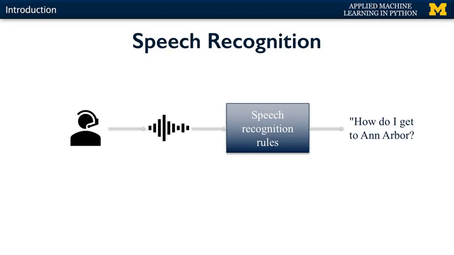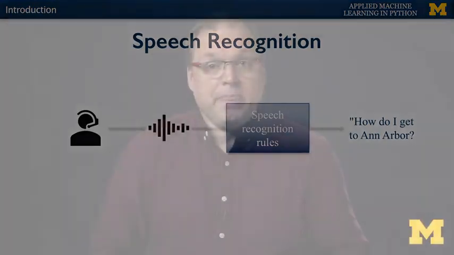I mean, given how subtle and complex human speech is, with the huge variety of different pronunciations, vocabulary, accents, and so forth, writing a set of program rules by hand that could recognize portions of an audio signal and decide which words were in the signal would be a gargantuan task. And even then, it would still likely be inflexible and not very robust at recognizing different types of speech.